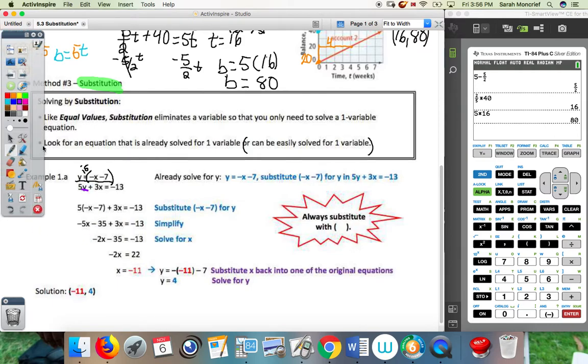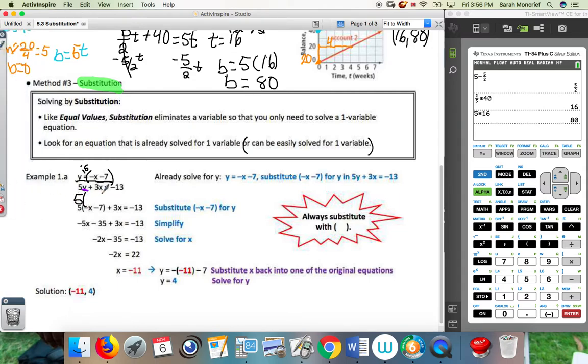One thing I strongly suggest doing is writing out the second equation, replacing the variable with what was behind the equal sign by writing it out without the variable and putting parentheses in its place.